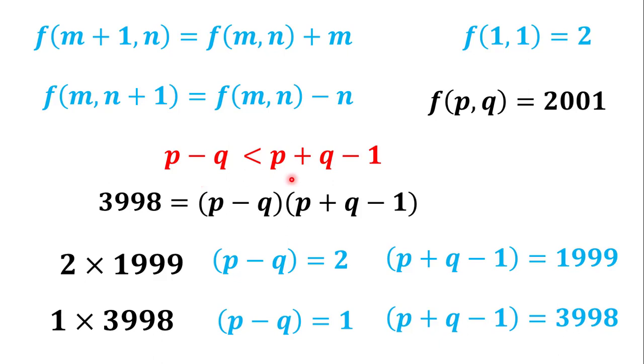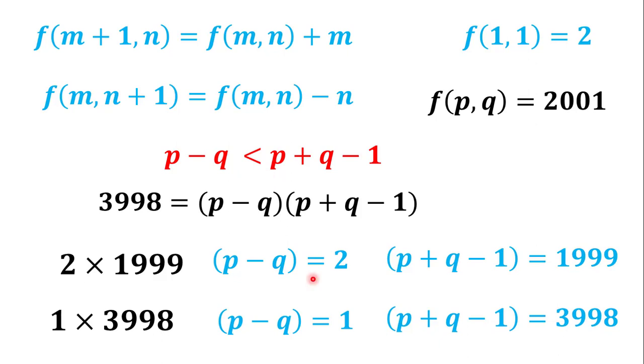Also, the minimum value for p plus q is 3, because we have 1 and 2. 1 plus 2 is going to be 3. 3 minus 1 equals 2, and 2 is greater than 1. This is one example. For other natural numbers, this inequality is true.